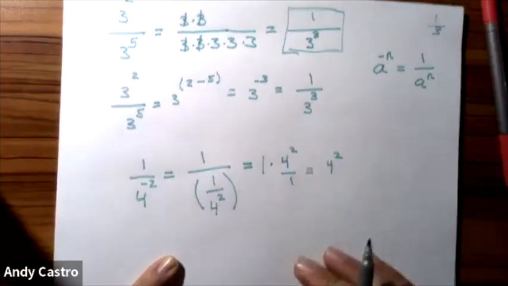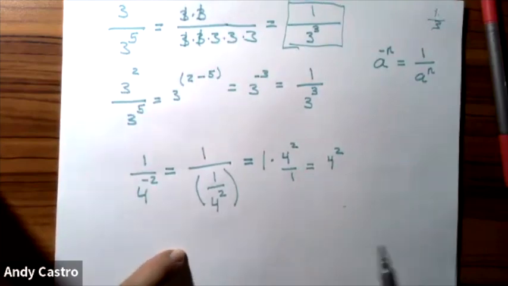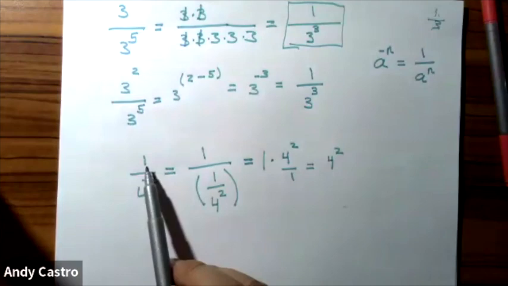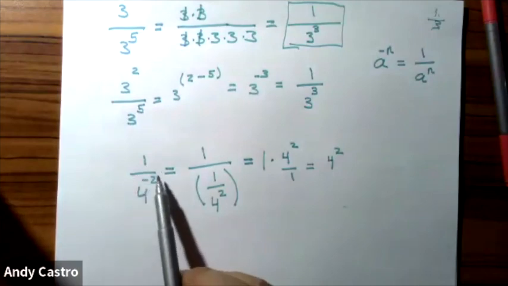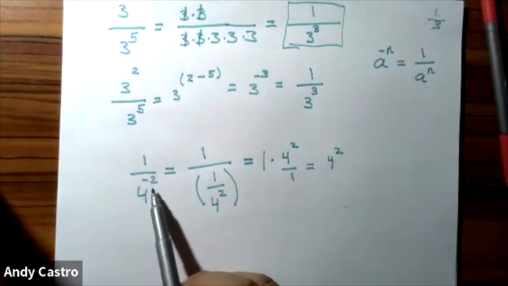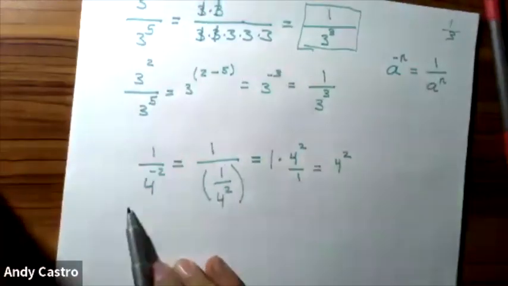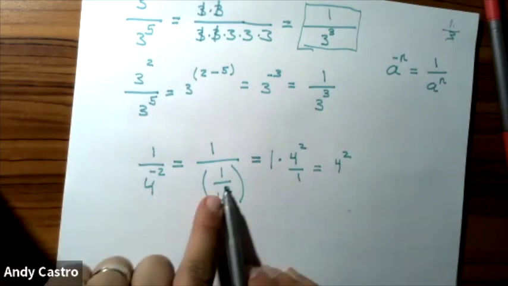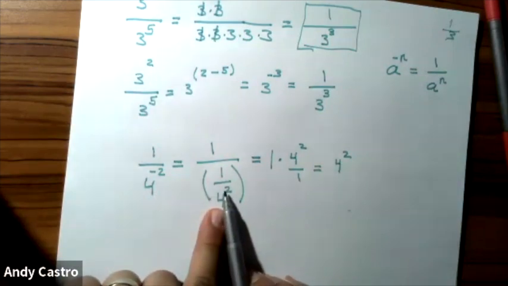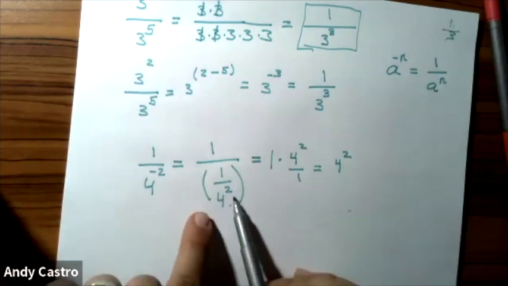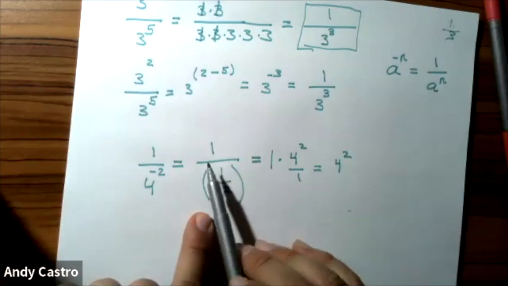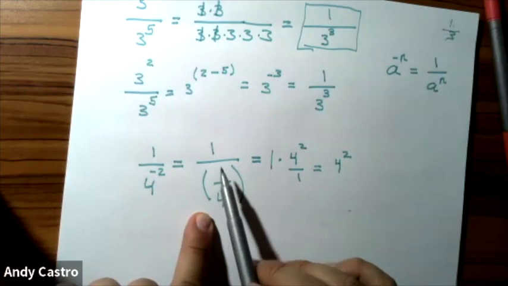Okay, so let's review that real quick because that was a little complicated. So here we had 1 over 4 to the negative 2. If we just look at that 4 to the negative 2, I'm going to put that in the denominator here, and now that negative is positive, 1 over this. But notice that it already sits in the denominator of this fraction.